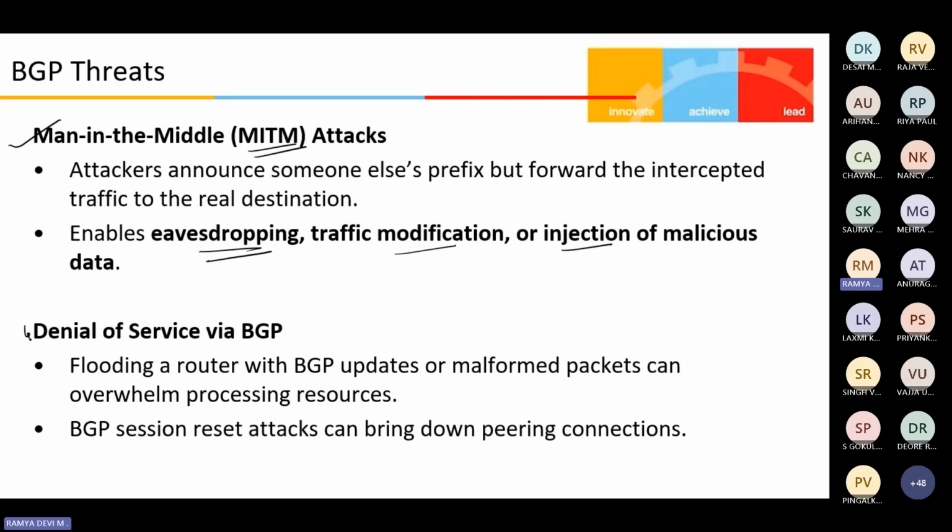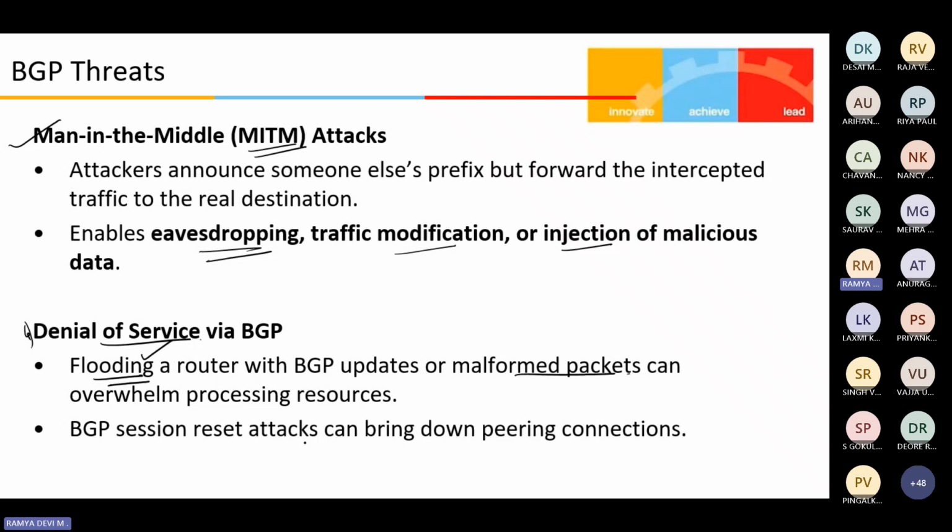The fourth one is denial of service. Even denial of service can be done with the help of BGP. Attackers overwhelm BGP routers with excessive or malicious traffic, a flooding problem. Flooding the routers with fake information and malformed BGP update messages creates high traffic in the BGP network, in the autonomous system.